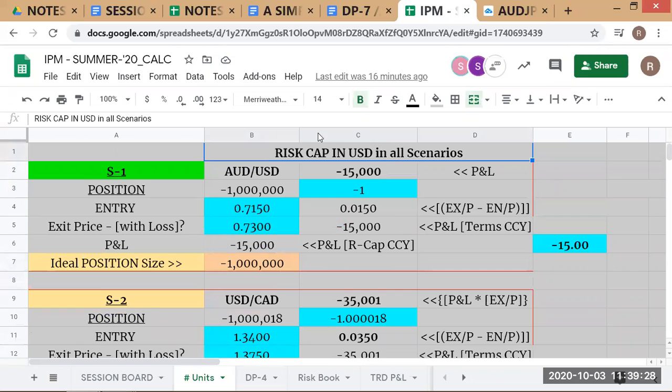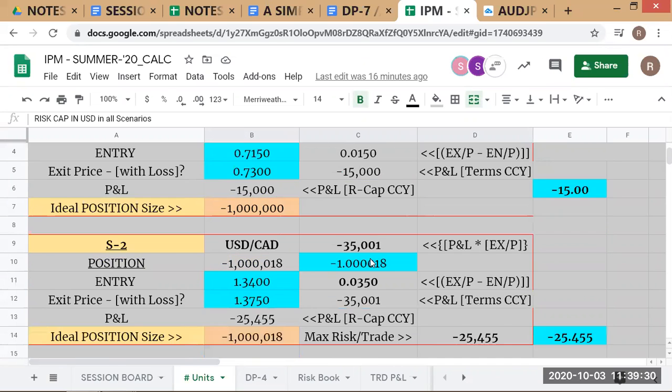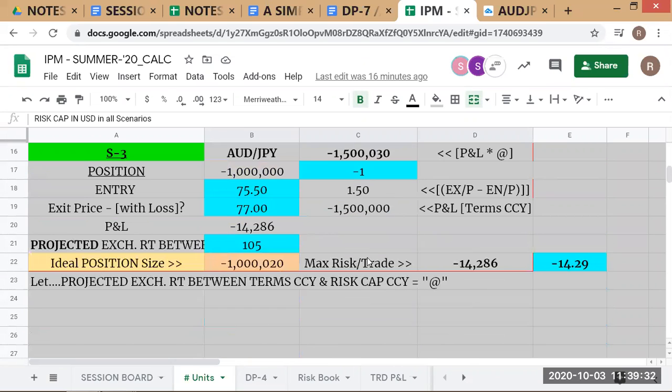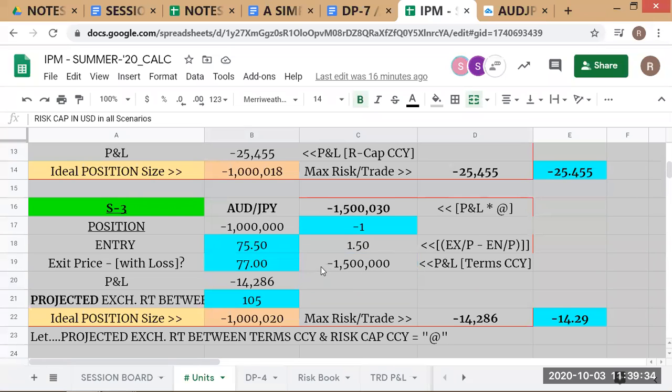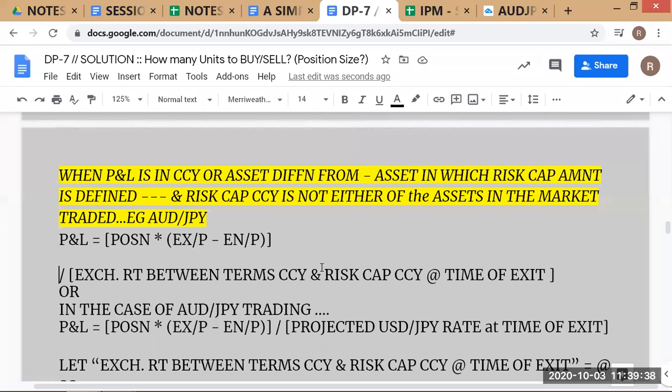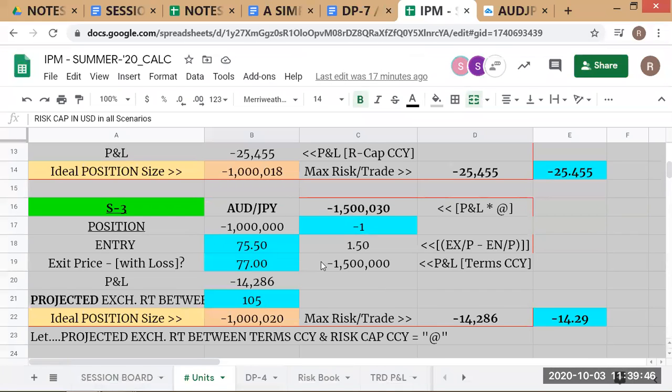So now I have to do another factor. I need another factor in the RHS to convert this terms currency PNL to a risk cap currency PNL, which means I have to convert a Yen amount to a US dollar amount.